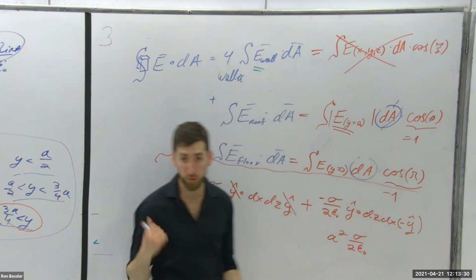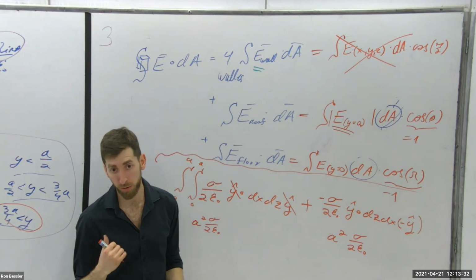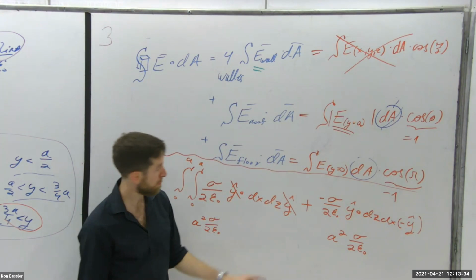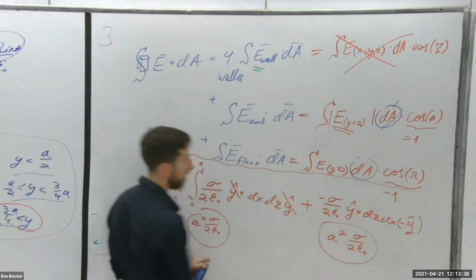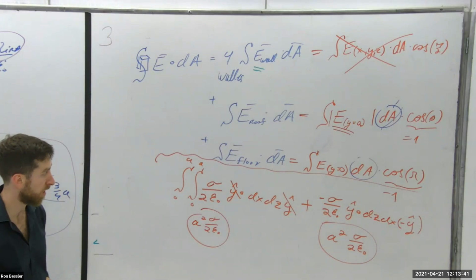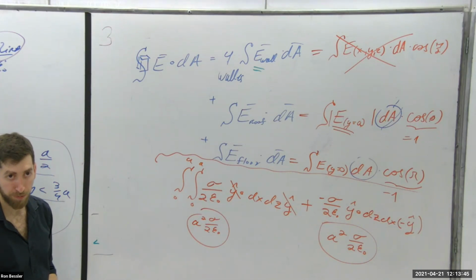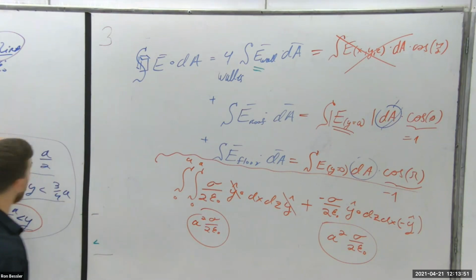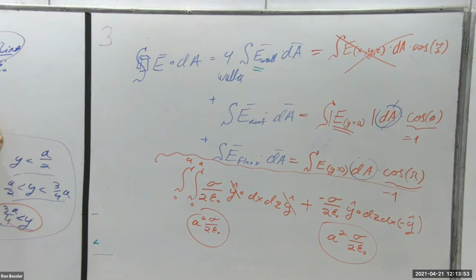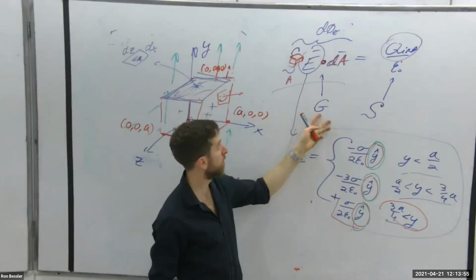By the way, this is a question for the exam. Okay, so we're gonna sum this one and this one, and we have our final result. You ask for the charge, right? We didn't finish. Gauss's law, what did Gauss's law say?